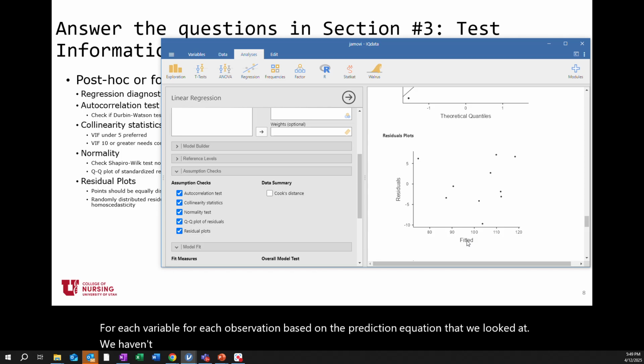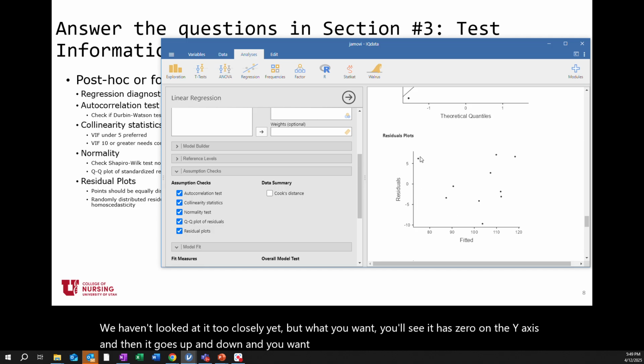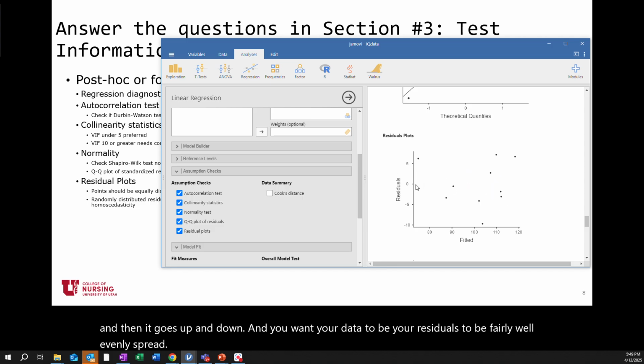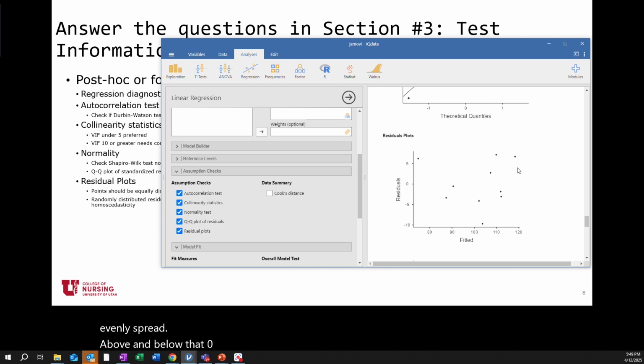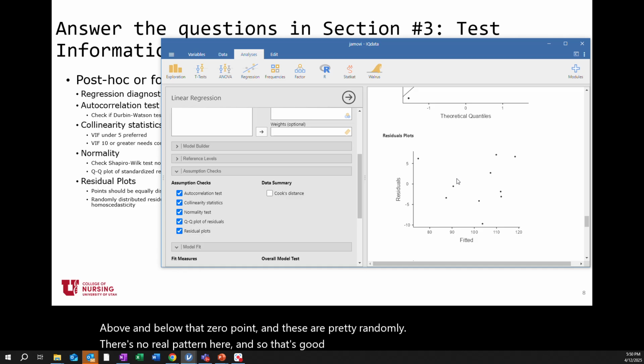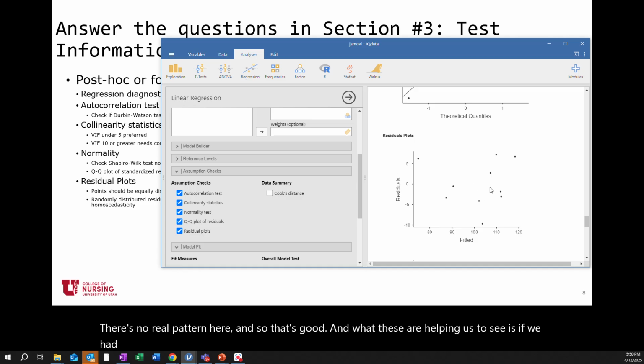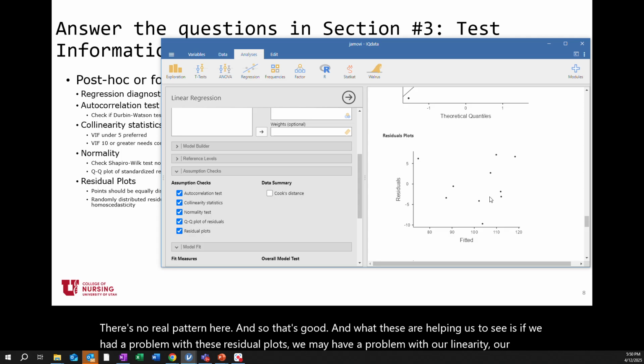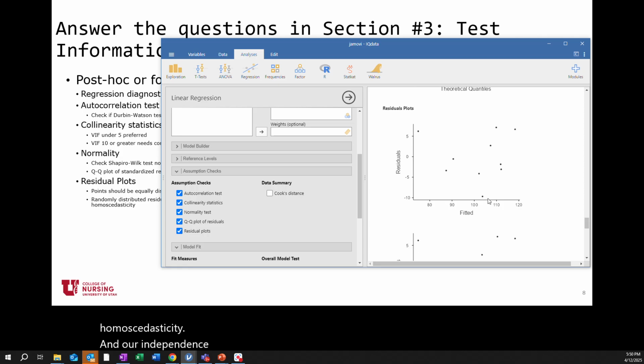What you want, you'll see it has 0 on the y-axis, and then it goes up and down, and you want your residuals to be fairly well evenly spread above and below that 0 point. And these are pretty random, there's no real pattern here, and so that's good. What these are helping us to see is if we had a problem with these residual plots, we may have a problem with our linearity, our homoscedasticity, and our independence assumptions, and we're not seeing that.